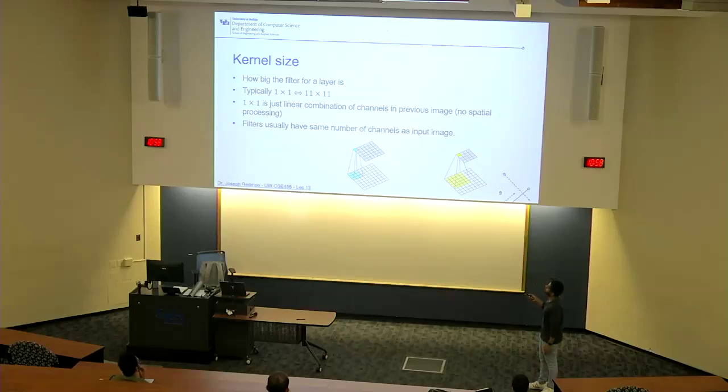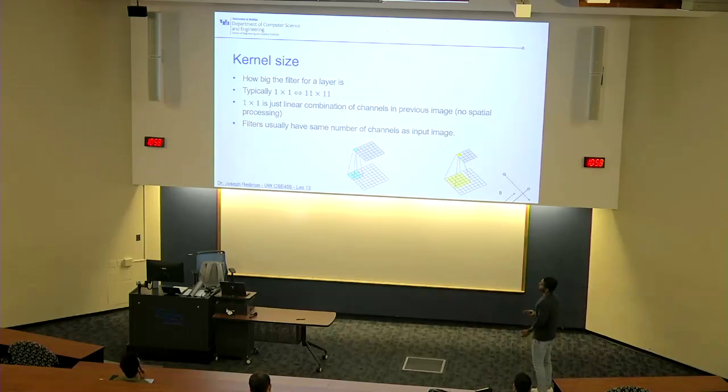So typical values that you see for filter sizes go from 1 by 1 to 11 by 11. And 1 by 1 is kind of a special case because it's used where you don't want spatial computation, but you do things along the channel direction.